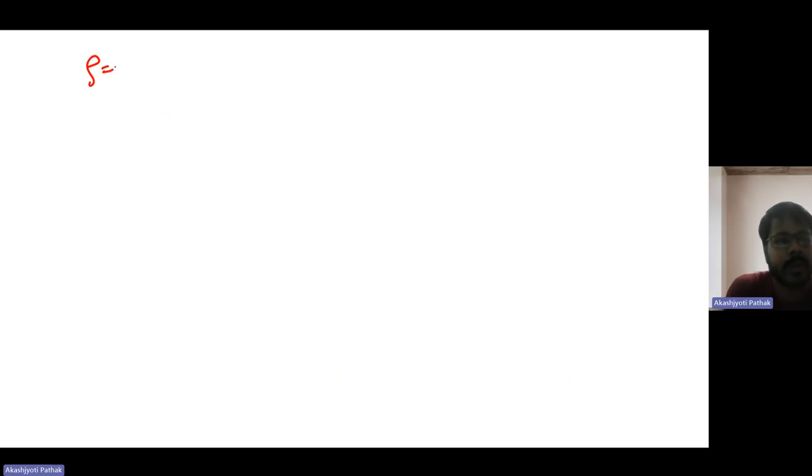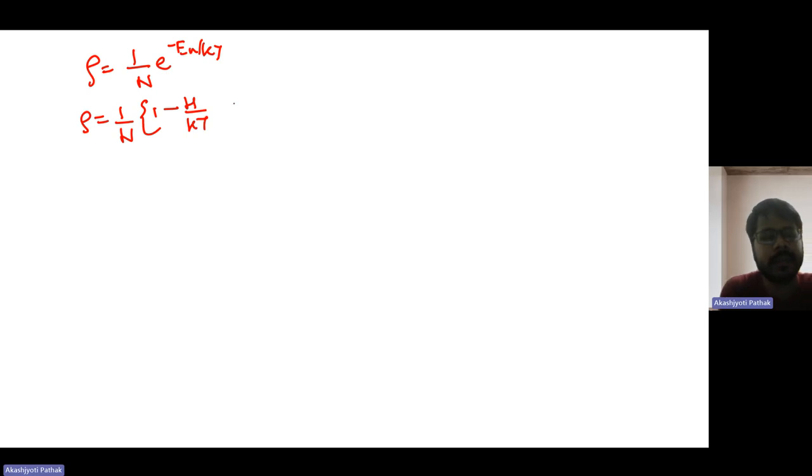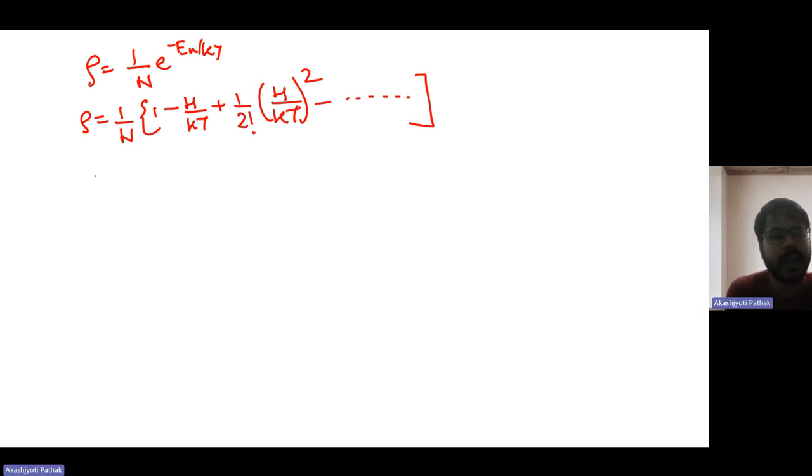Now after we got this rho equal to 1 by N e to the power minus En by kT, we can expand this in a power series and write it in this manner: 1 minus H by kT, similar to what we saw when we derived the partition function. In a similar way, we can rewrite this expression, and under the high temperature approximation we will get 1 by N times (1 minus H by kT).